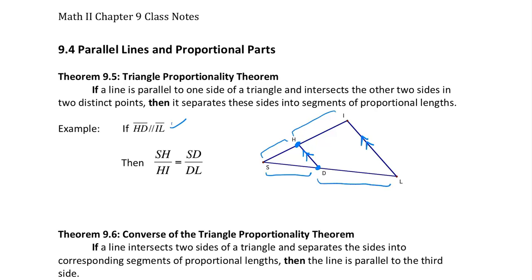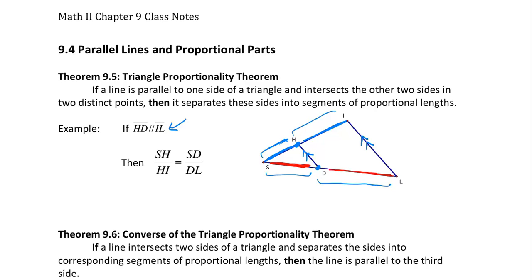So if the line segment HD is parallel to segment IL, then SH, this segment right here, divided by HI, this segment, that ratio is the same as dividing SD by DL.